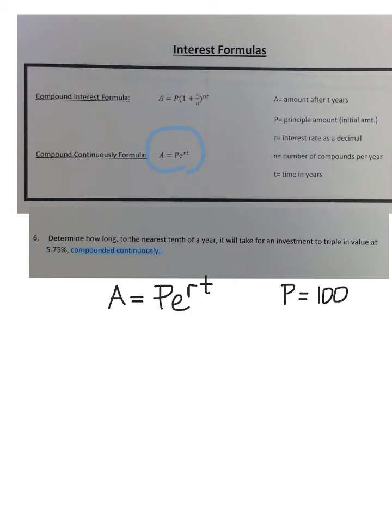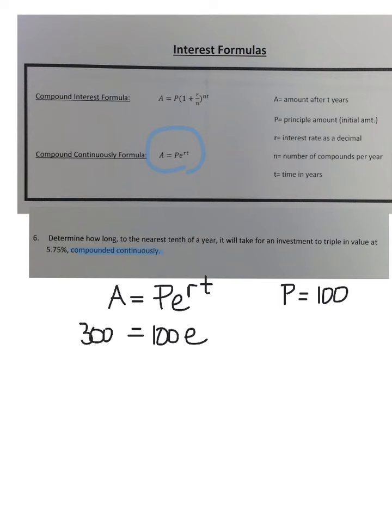But you could pick 1, you could pick 10. I don't like to pick 1 because, to be honest with you, then you end up with a lot of fractions and decimals, and people don't tend to like those. Okay? Now, if I pick 100 here as my P, then I know tripling that amount would make this 300.